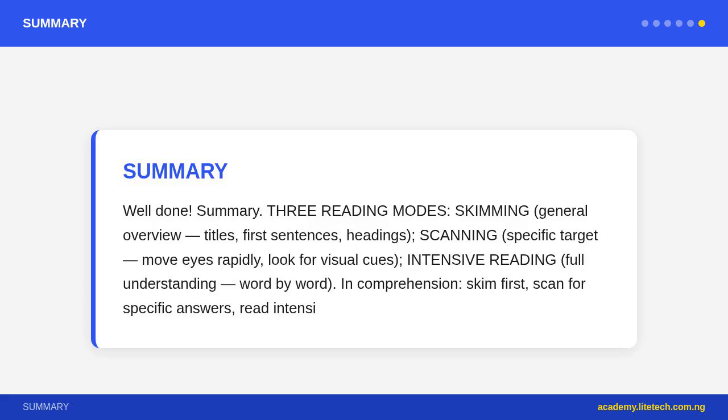SQ3R, survey, skim, question, make questions from headings, read carefully, recite, test yourself, review, go back over key points. Text structures, cause/effect, compare/contrast, problem/solution, chronological, definition. Tips, read widely, build vocabulary, avoid subvocalization, read in chunks.